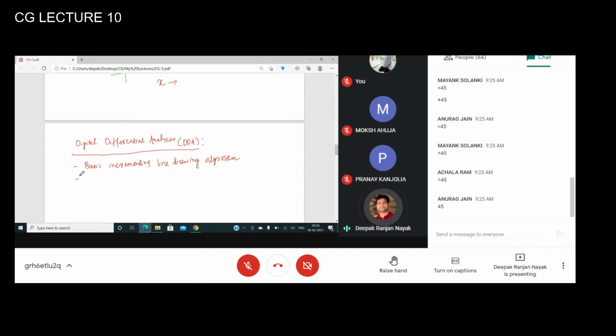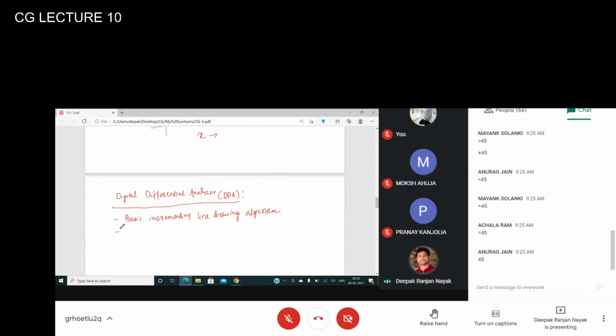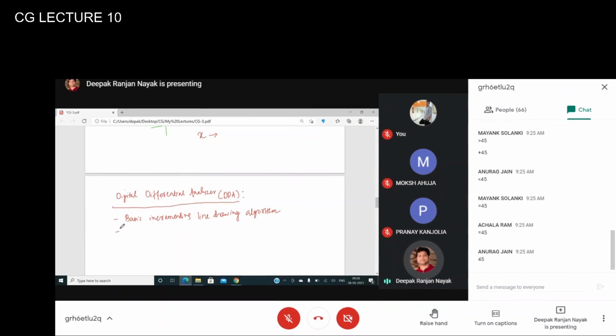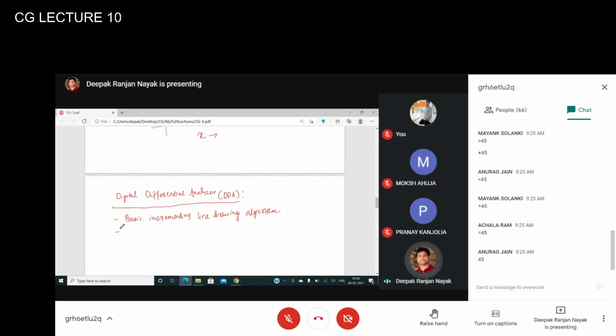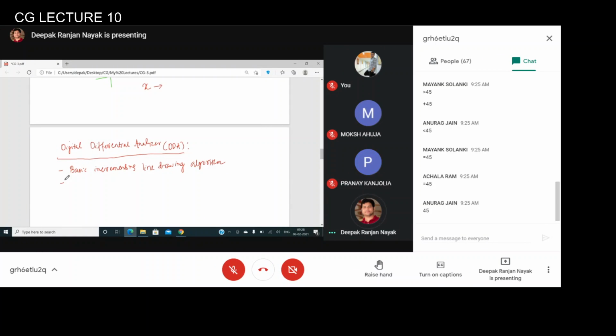So what we do here is there will be 4 different cases. We'll be talking about 4 different cases for positive slope as well as negative slope. We'll see later on. So just now we have seen the full form of the DDA, why it is called the differential one, and that it is also called the basic incrementing line drawing algorithm.